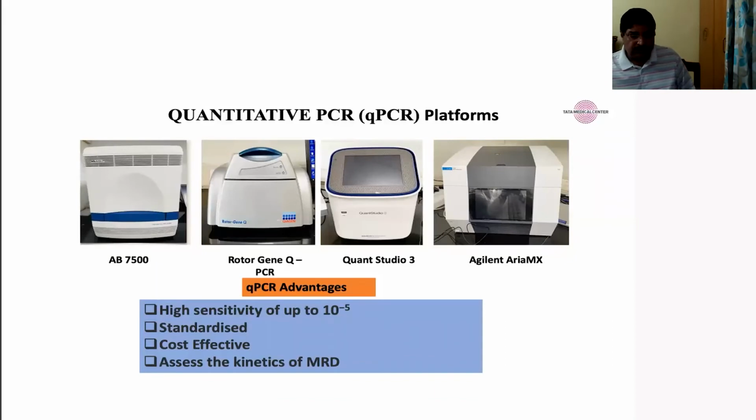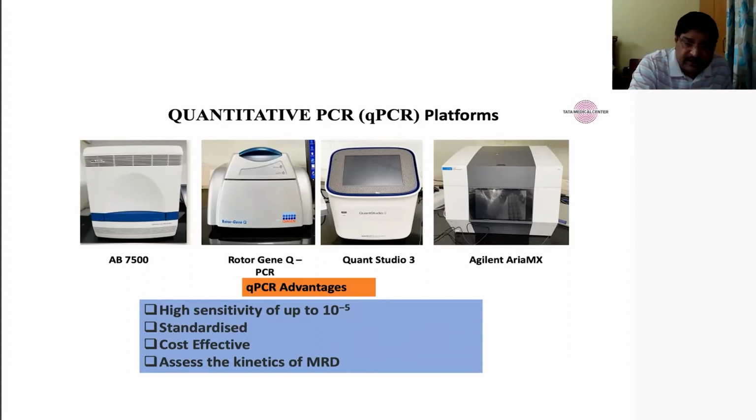So these are the platforms which you use for molecular genetics. I showed you the conventional karyotyping, I showed you the FISH. When you move to molecular genetics, you have many different techniques. You have conventional PCR, you have reverse transcriptase PCR, and you have real-time PCR for quantification of the transcripts, which are currently highly sensitive, standardized, and very cost-effective techniques.